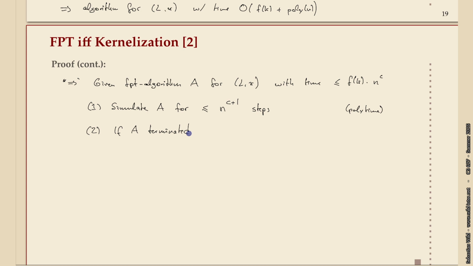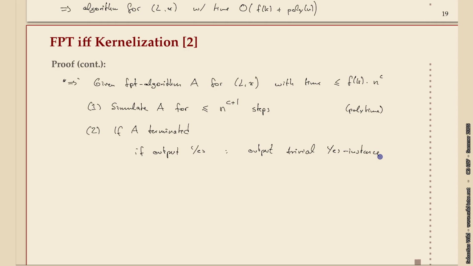And if it outputs yes, then we're supposed to produce a kernelization. So we have to take the input and produce an equivalent instance that's small.